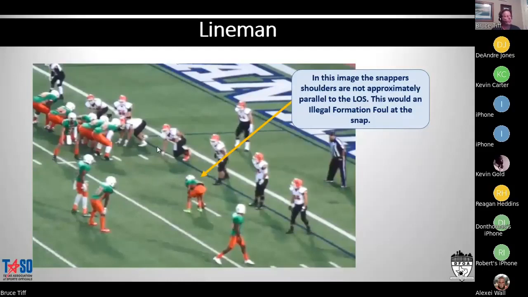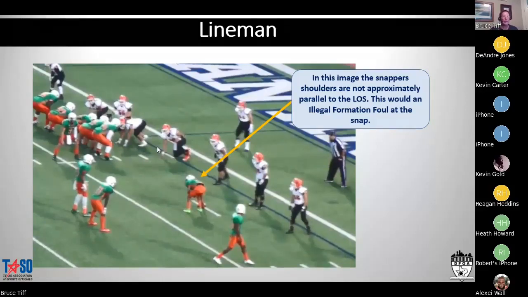The reason we don't shut this play down is because he could correct it before he snapped. But technically right now, he's not considered a lineman. He's considered a lineman, but he's not meeting all the criteria. That's why it would be an illegal formation foul. You don't see this too often, but I just wanted to point it out. This is a pretty egregious alignment issue that we definitely would flag every time, hopefully.